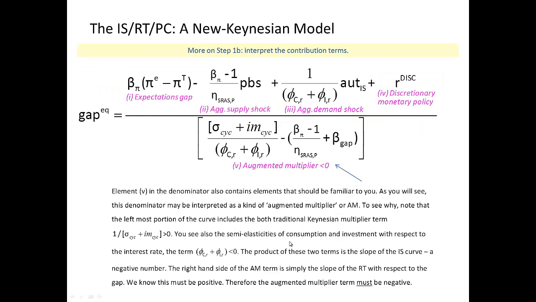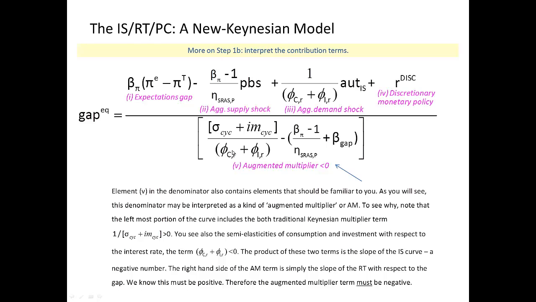Now let's skip ahead and let's look a little bit more closely at the augmented multiplier here. What's here? Well, in this numerator here we have our two familiar marginal propensities terms, the marginal propensities to save and the marginal propensities to import. And down here we have our two familiar responses of expenditures, consumption and investment, to changes in the real interest rate.